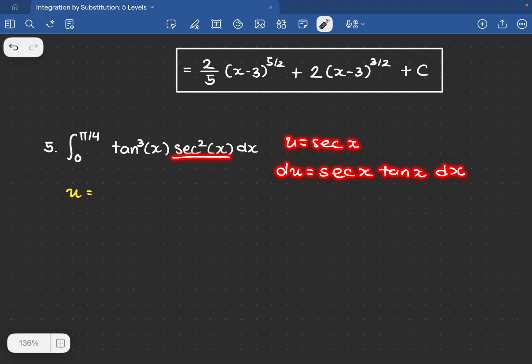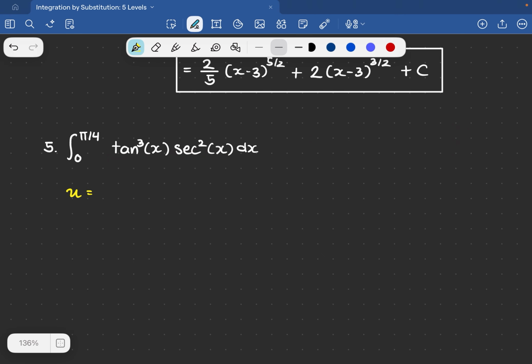The secant x would be dealt with, but the tangent here is a problem since we only have one tangent out here and it's not cube. Okay, so I guess you could do some more steps to deal with that one, but a better choice is to choose tangent x.